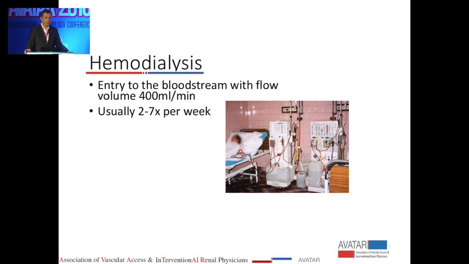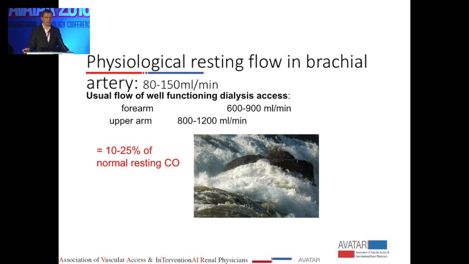For hemodialysis, we need regular entry to the bloodstream with a flow volume of about 400 ml per minute, twice up to 7 times per week. It depends on the regime. If we look at the physiological resting flow volume in the brachial artery, according to our data, it is around 100 ml per minute.